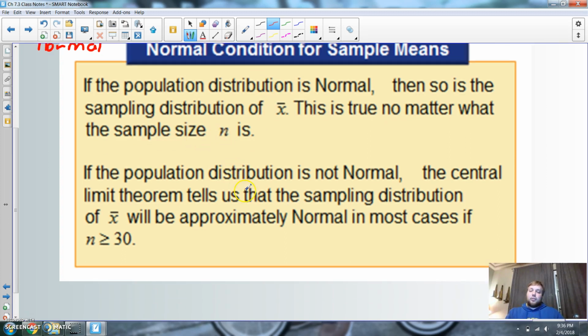If the population distribution is not normal, so if this thing is like, wow, look at that, that's really skewed, right? The central limit theorem tells us that the sampling distribution of x-bar will be approximately normal in most cases if we sample more than 30. All right, so it doesn't matter what this looks like. As long as we sample 30, we will have a normal distribution for our sampling distribution.